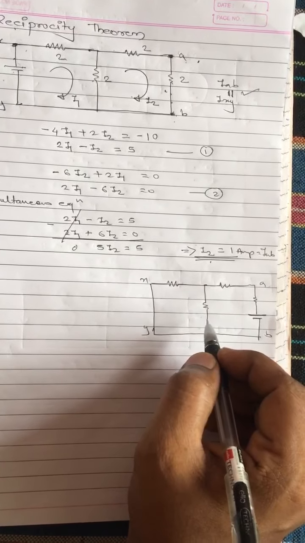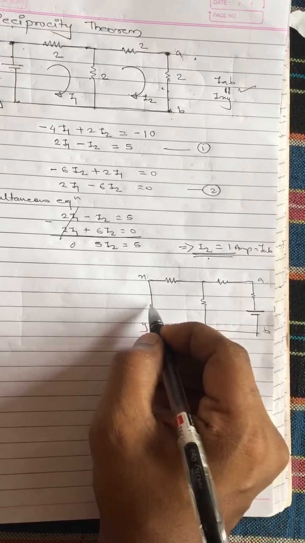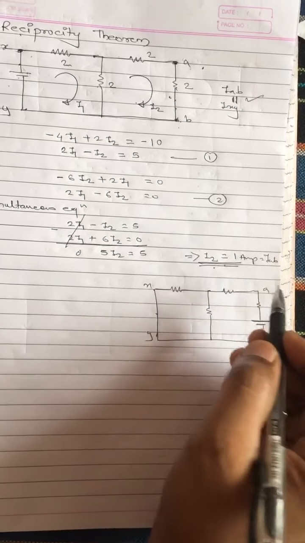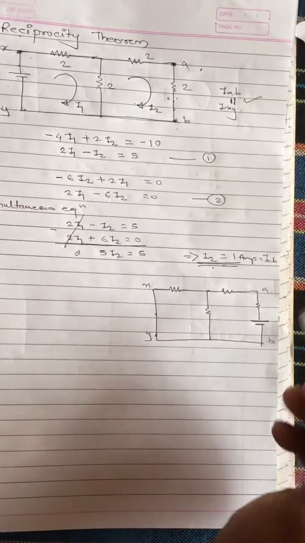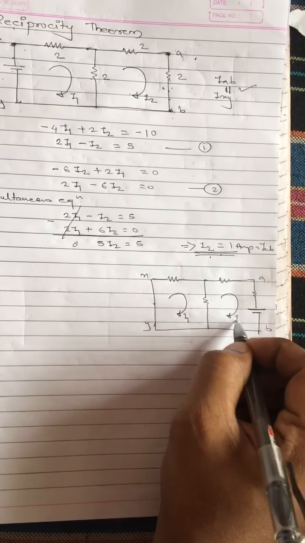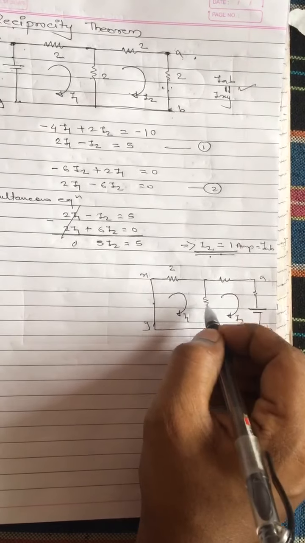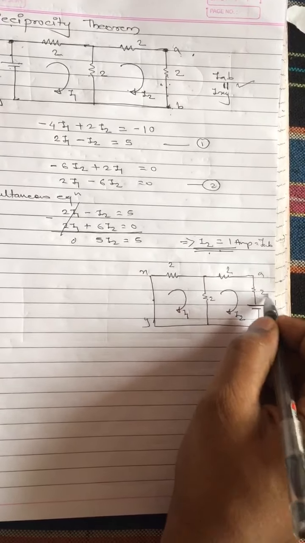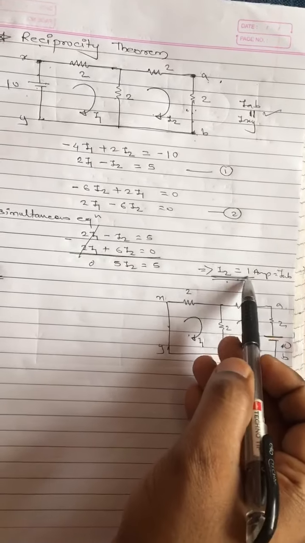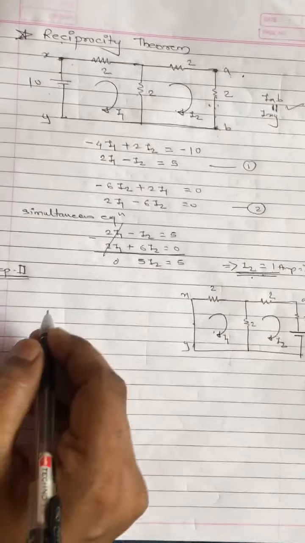Now the reciprocity theorem states that the current through XY should be the same as the previous current, that is the current through the previous IAB. So if this is I1, this is I2, 2, 2, 2 and 2, this is 10 volt. In our case this I1 should be equal to the previous I2, right? So let's see whether we are getting the same.